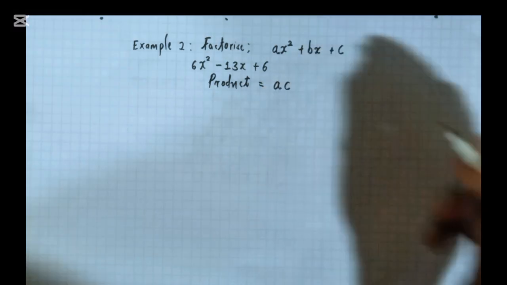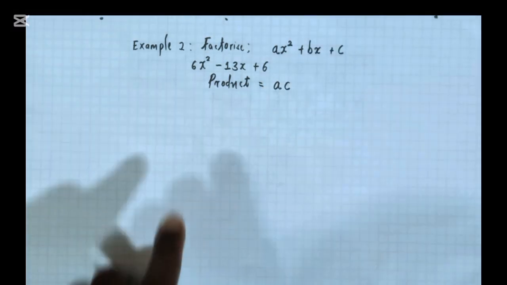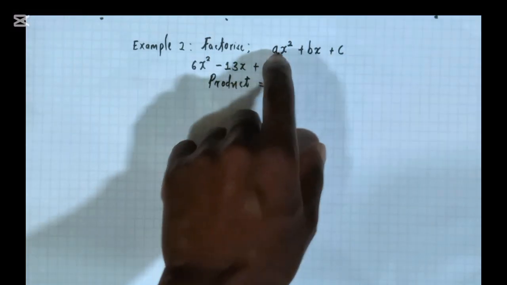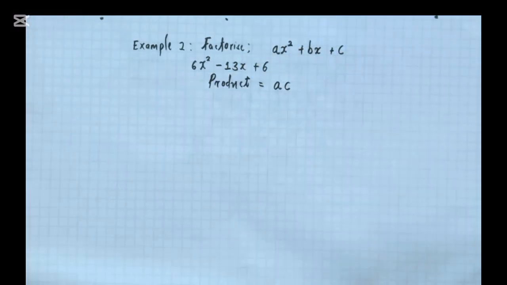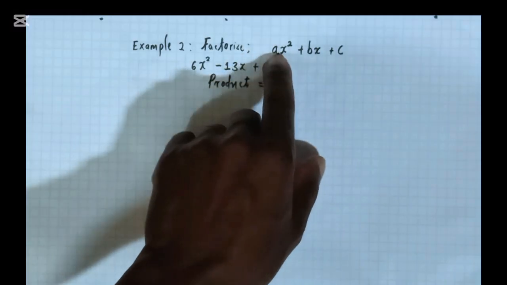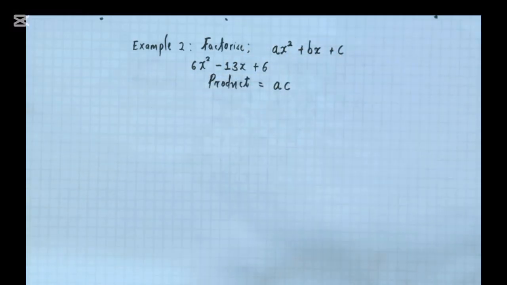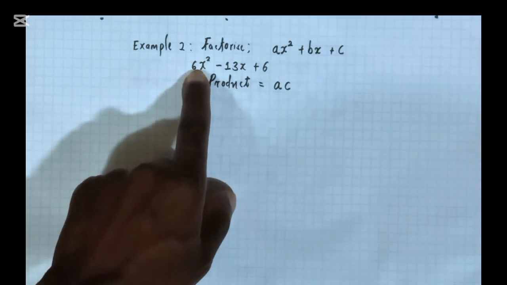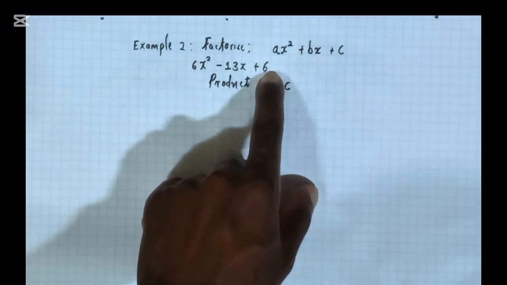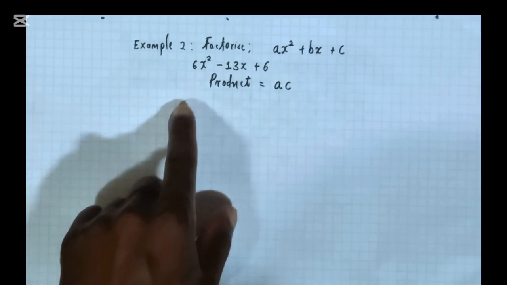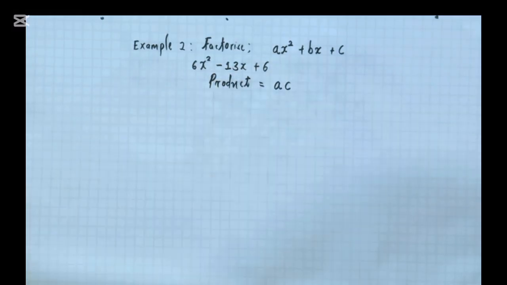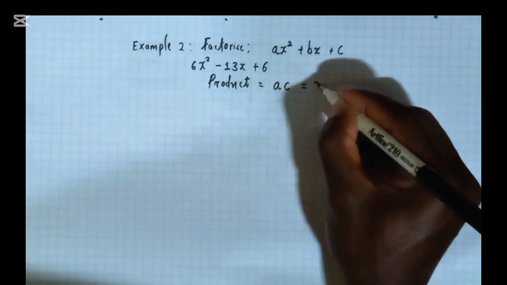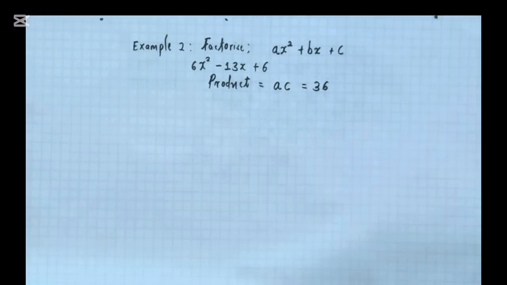Product should always be given by multiplying a and c, the coefficient of x squared and our constant. In this particular case, our a will be 6 and our c will be 6. So we are having 6 times 6, and our product will be 36.